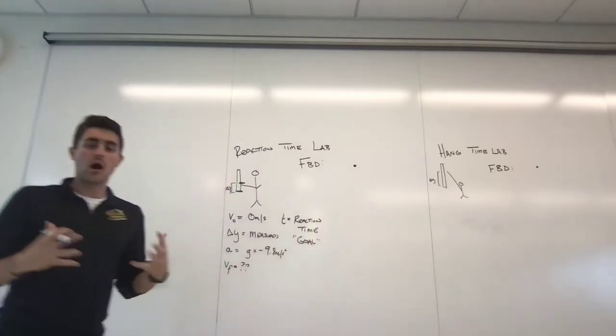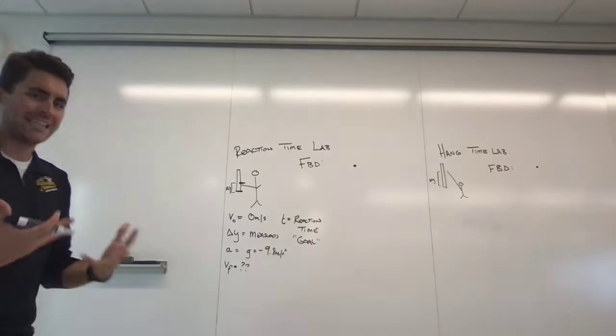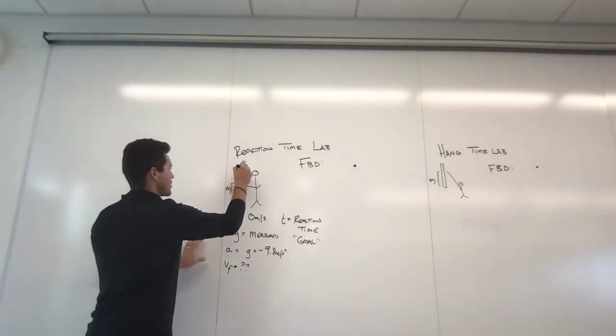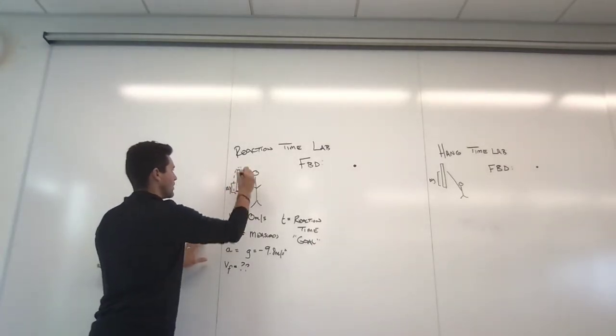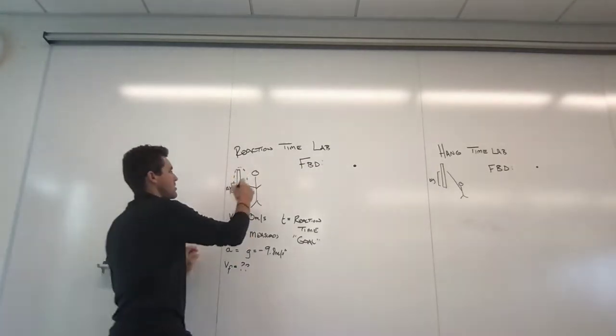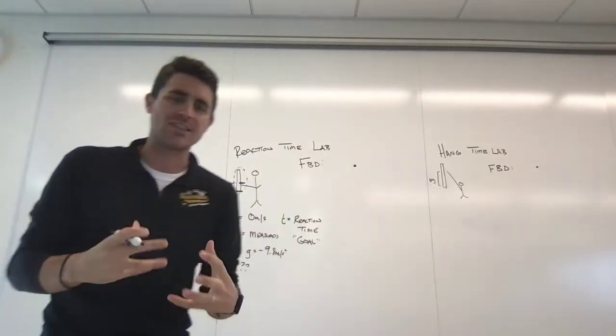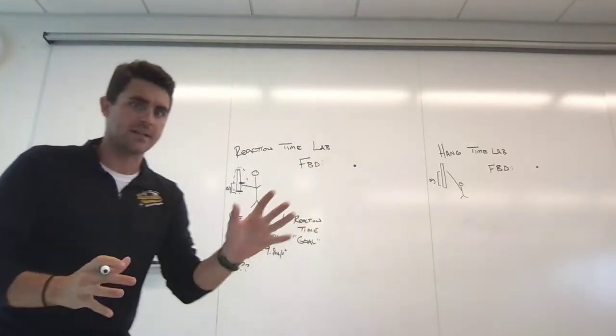Like every other lab that we do, we want to make sure we draw an FBD. What forces are acting on the object? So I'm going to take this meter stick and simplify it down to one little point, and ask, if this whole meter stick is this point, what are the forces acting on it before I catch it?